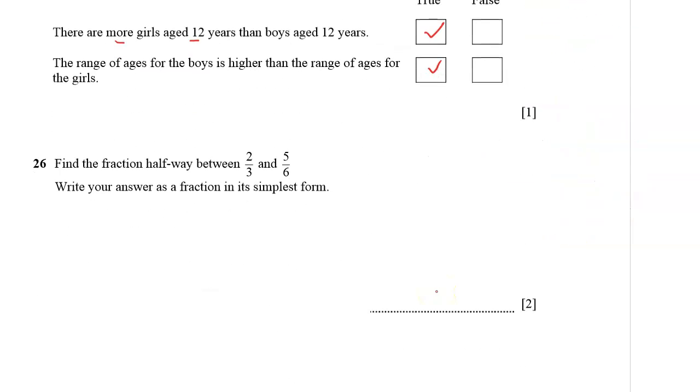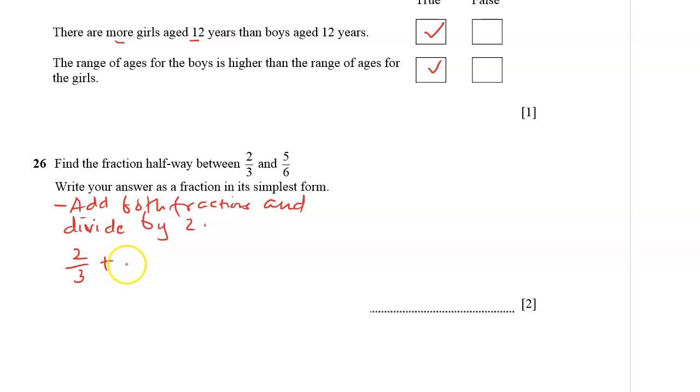26. Find the fraction halfway between these two. So add the two fractions and divide by 2. So 2 upon 3 plus 5 over 6.